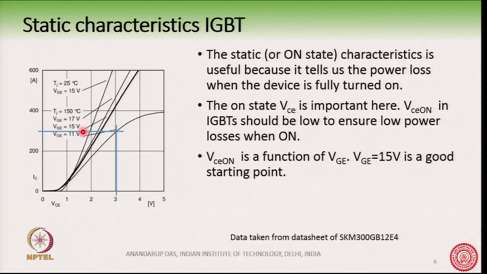But then you will see that a very high value of VGE will, during the short circuit condition of the IGBT, make the current through the collector emitter very high. So, there is therefore a compromise here.